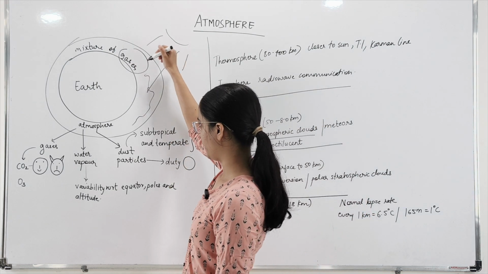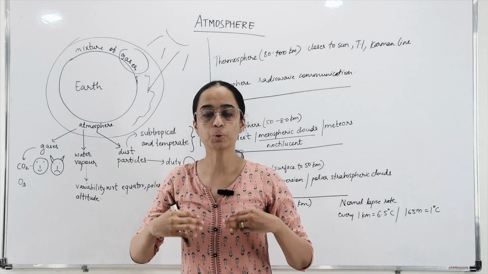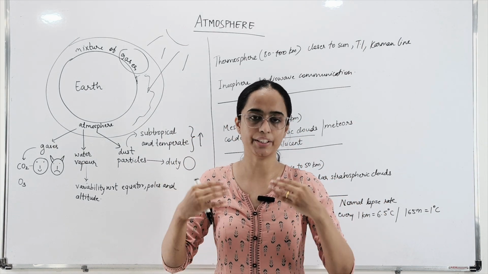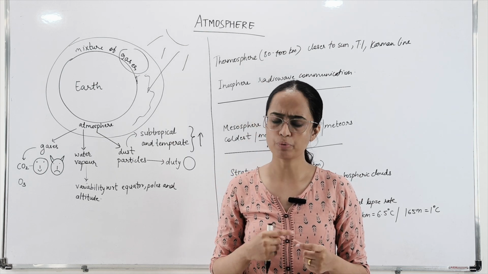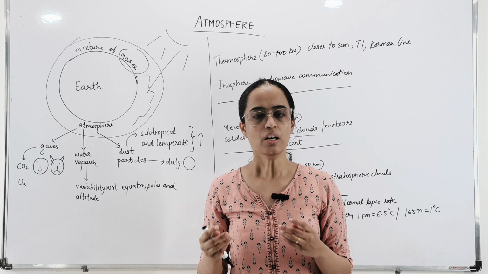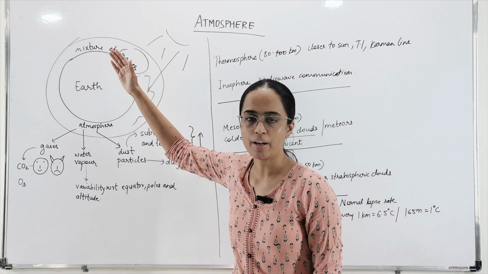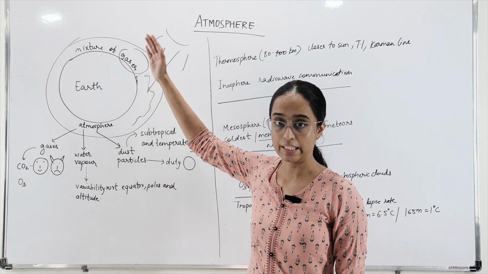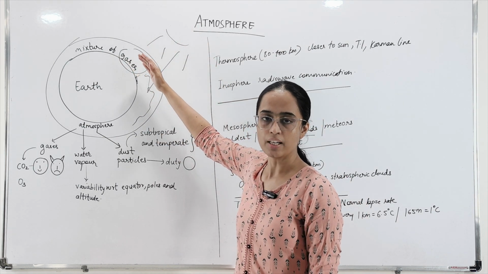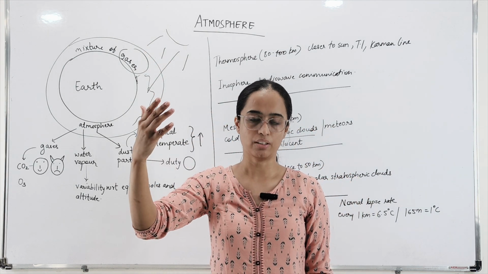Now, when this solar radiation falls on the Earth surface, our Earth also radiates back the heat that it receives into the atmosphere, which we would be learning in the next video, of course, the heat budget of the Earth. But as of now, let us understand that when the sun gives solar radiations to the Earth, the incoming solar radiation hits the surface of the Earth, and now Earth also gives back the heat that it gets from the sun.